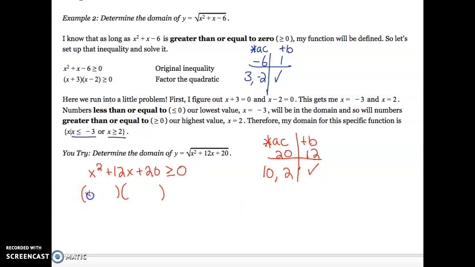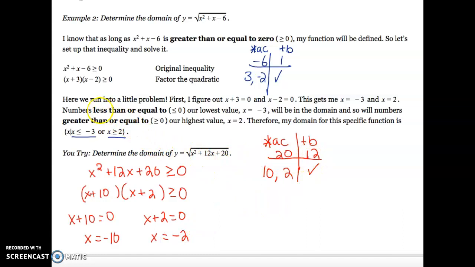So then my factors are x plus 10 and x plus 2, okay? Then I solve them separately, so I have x plus 10 equal to 0 and x plus 2 equal to 0. All right, so x equals negative 10 is one solution, and x equals negative 2 is another solution.